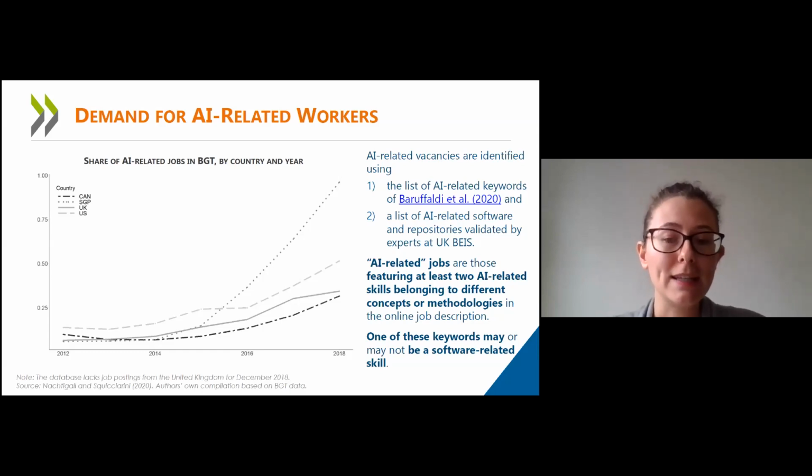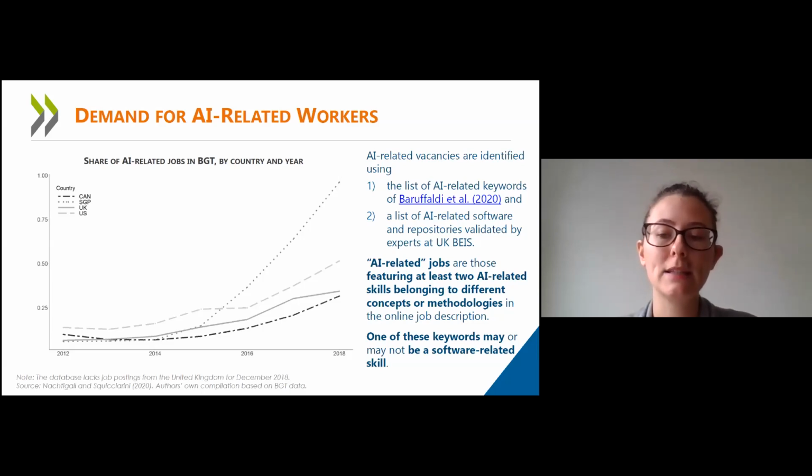The next question is, how many people do we actually talk about? So how many people are working in these kinds of jobs or are demanded in these jobs? Who is really advancing AI? Who's developing AI? On the left-hand side here, you can see a diagram which shows the share of AI-related jobs in overall BGT job postings over time.